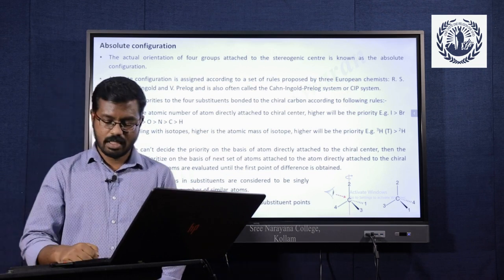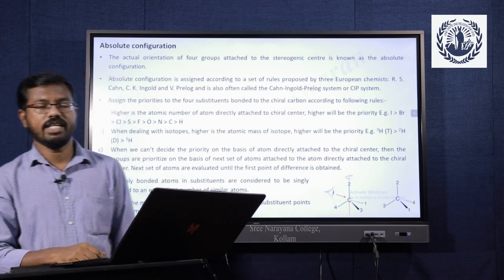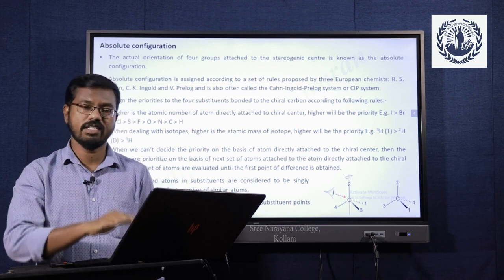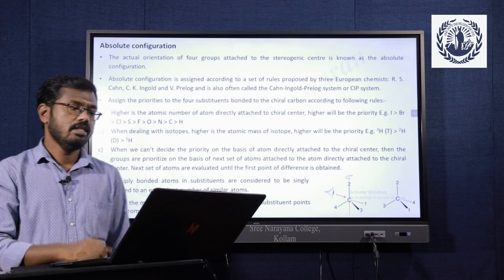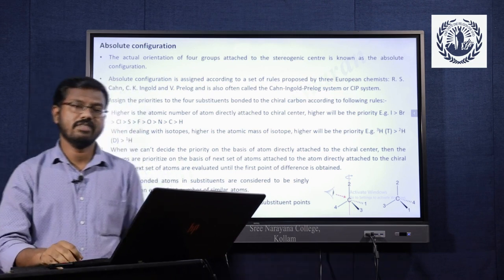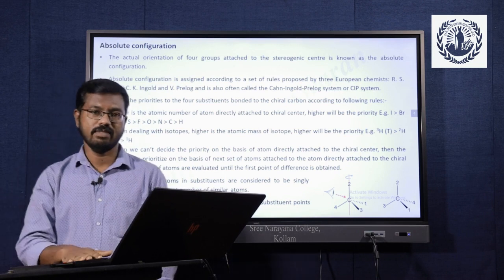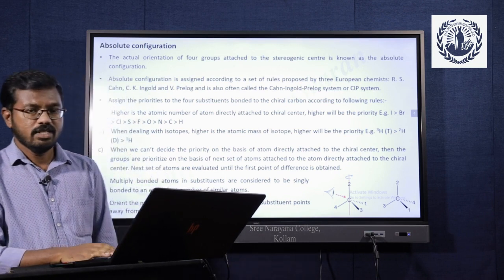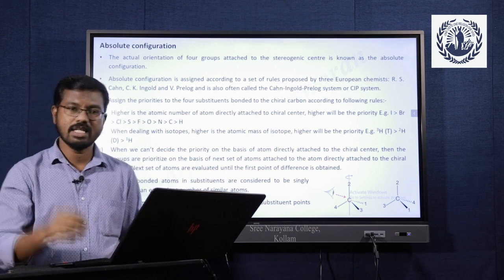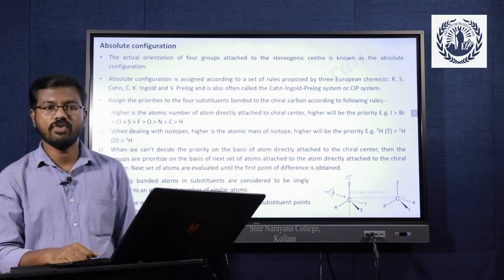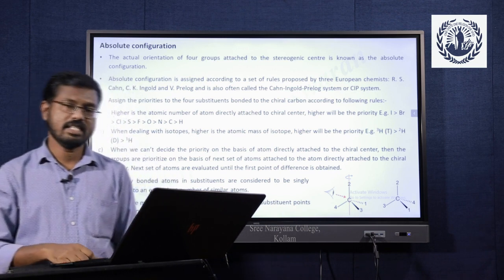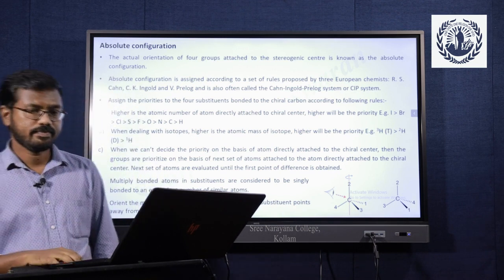Now, coming to absolute configuration, we have learned about relative configuration, relating with something. Absolute configuration is the actual orientation of the 4 groups attached to the chiral carbon. While assigning the absolute configuration, certain rules need to be followed, which were proposed by Cahn, Ingold and Prelog, known as the CIP system.